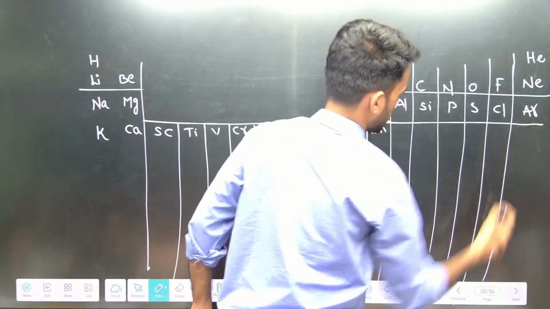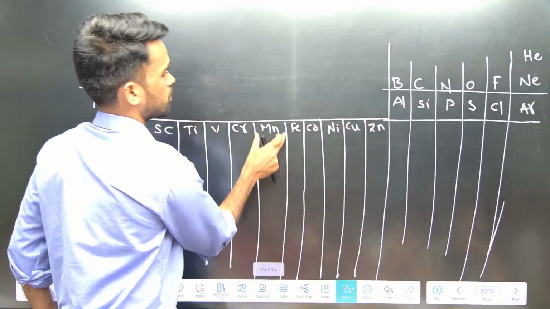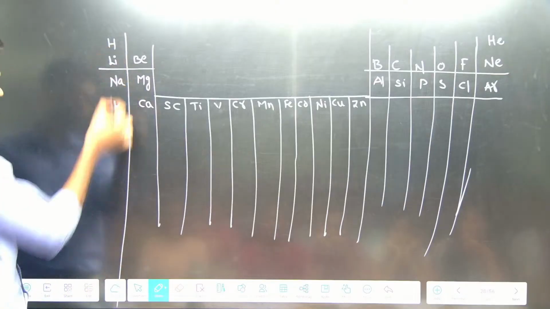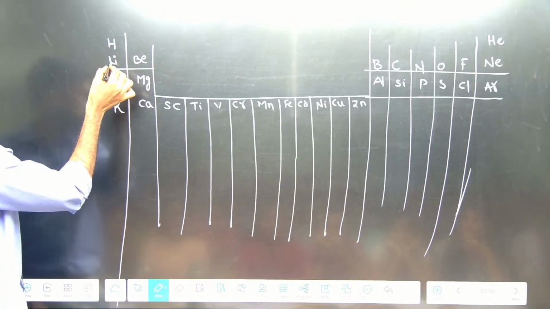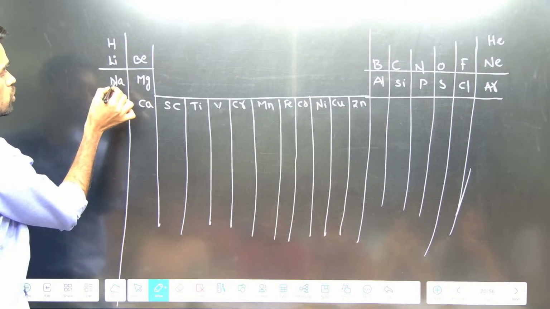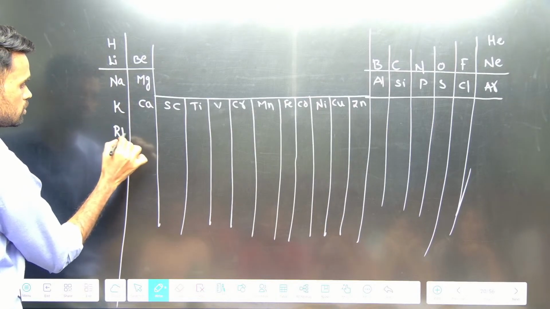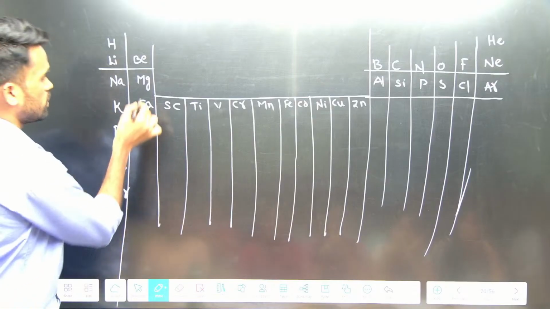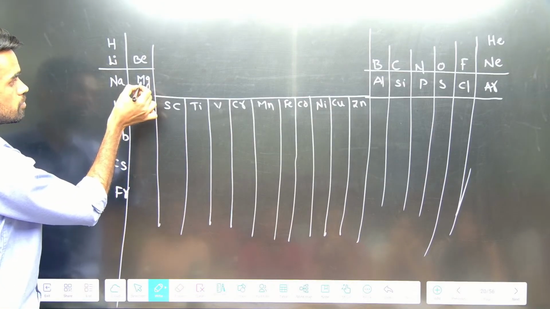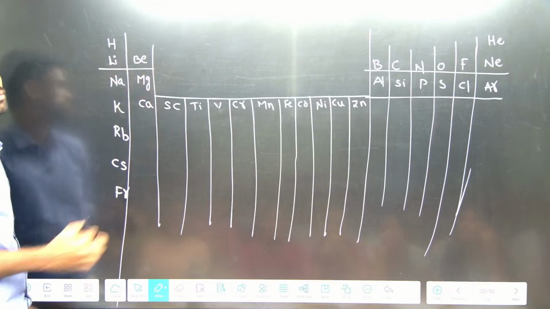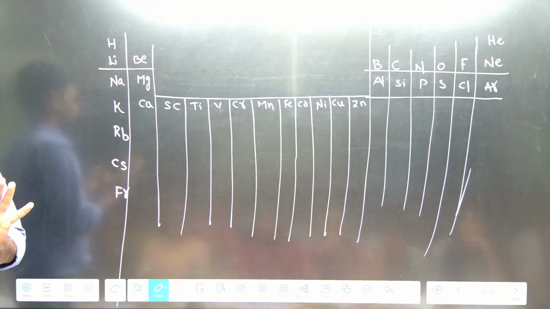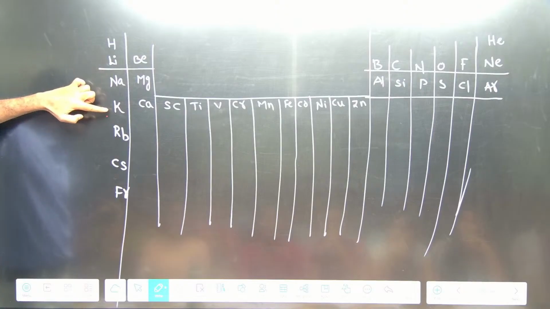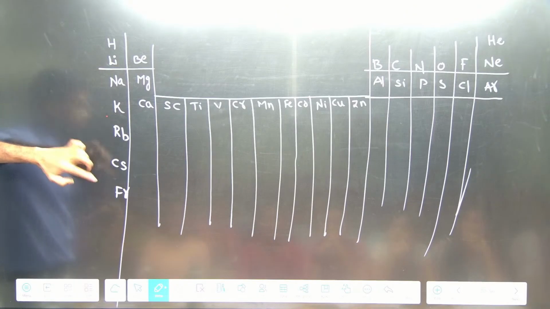Okay. Okay, finish this. Lithium, sodium, potassium. This one, beryllium. You can remember LENAC: lithium, sodium, potassium, rubidium, cesium, francium.